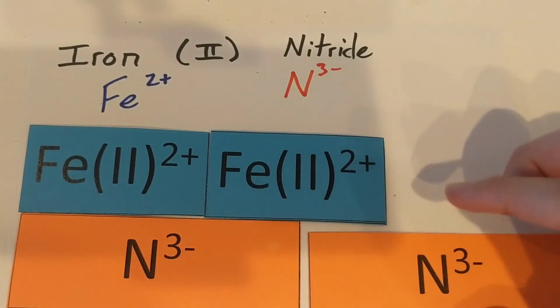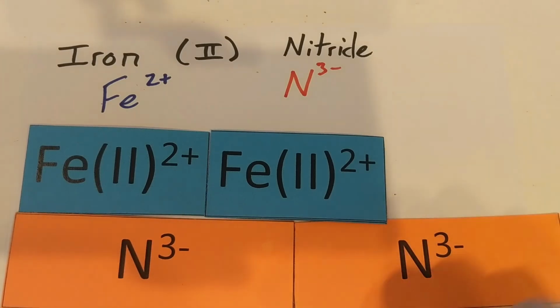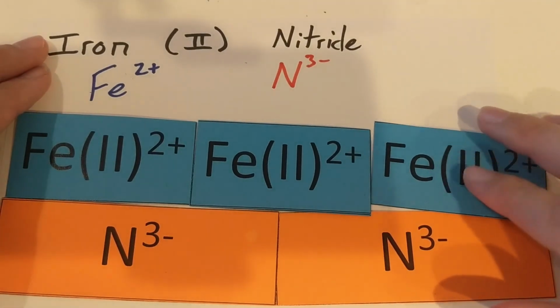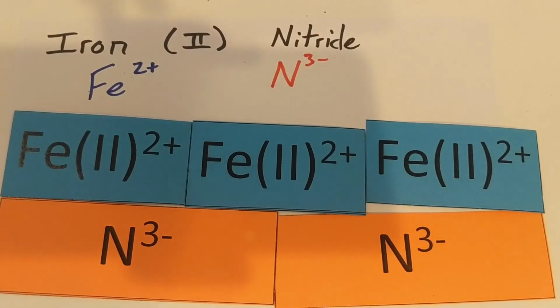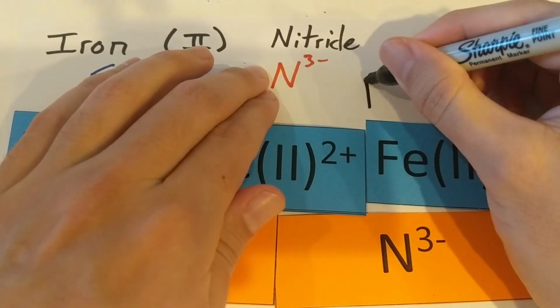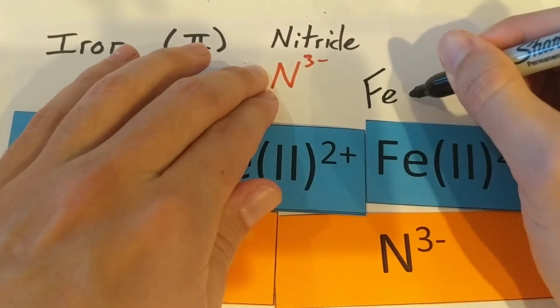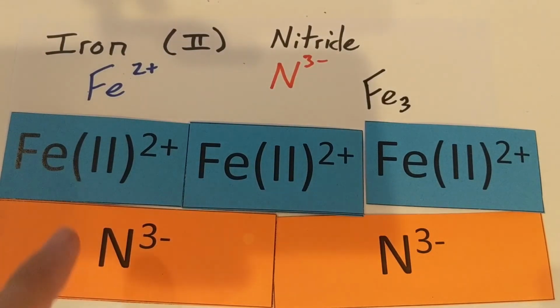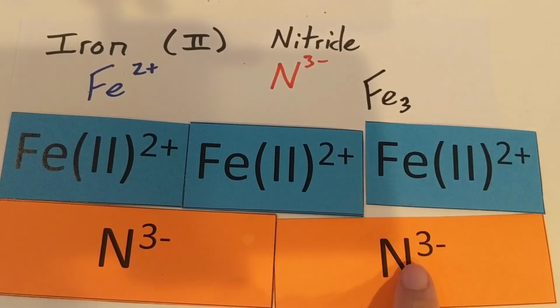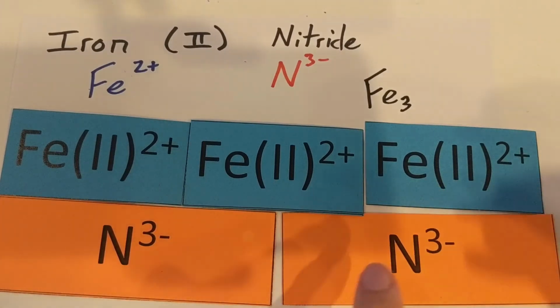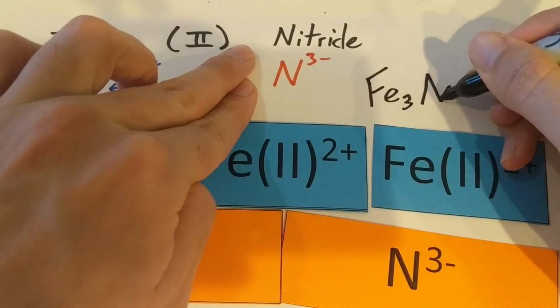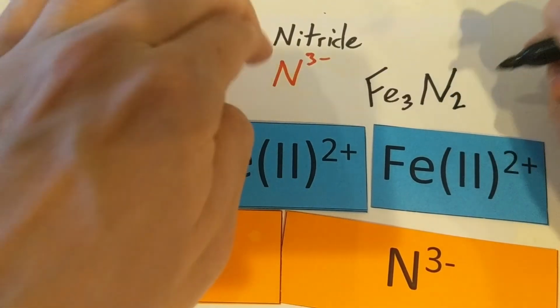So then we have to add more minus. And we balance out like this. So we would write our formula unit Fe3, because we have 3 of them here in our compound, and we have 2 nitrides, so N2.